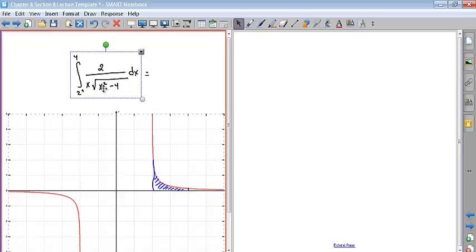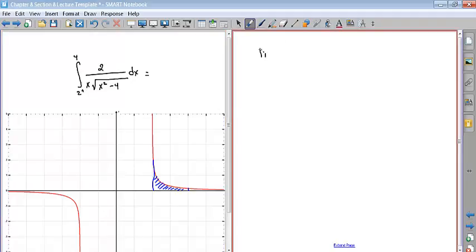And the function does not actually exist between positive 2 and negative 2 because you get a negative square root at those points. So this is the limit that we're going to replace with b. We'll rewrite that as the limit as b goes to 2 of the integral from b to 4.